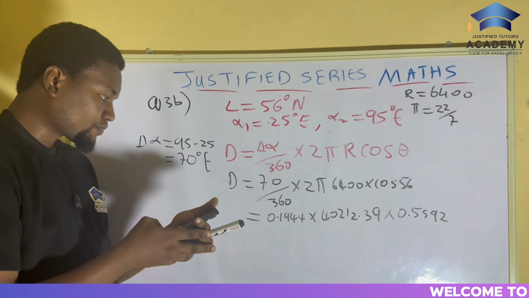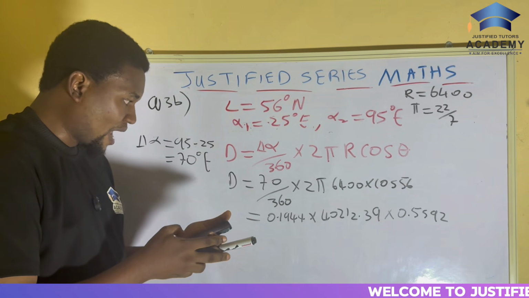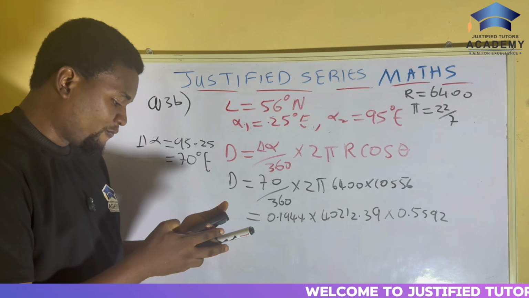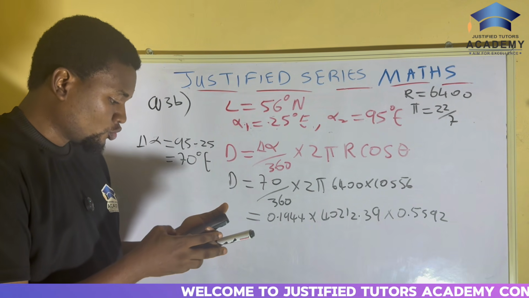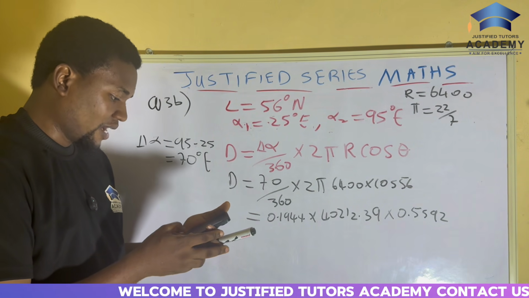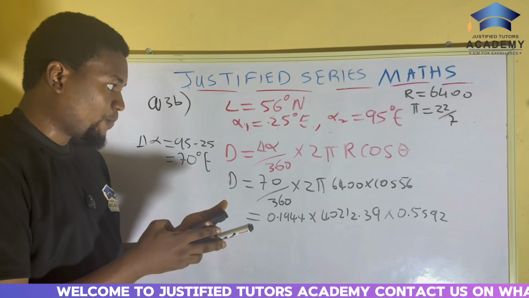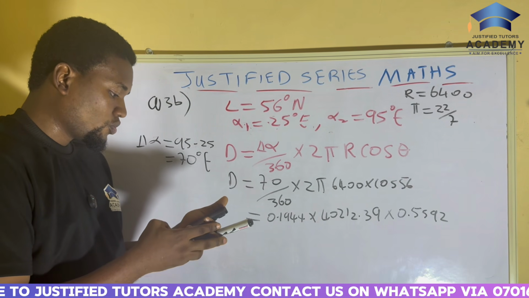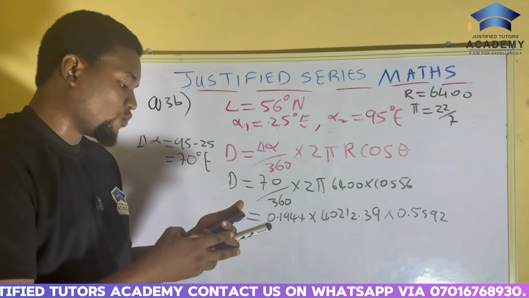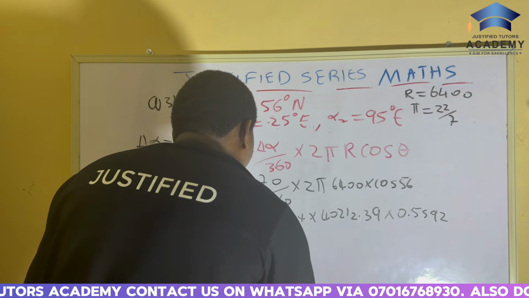So 0.1944 times 40,212.39 times 0.5592. It gives us 4371.42.